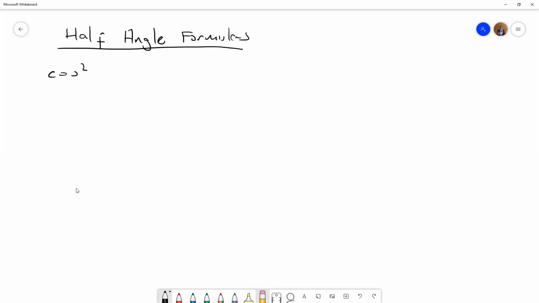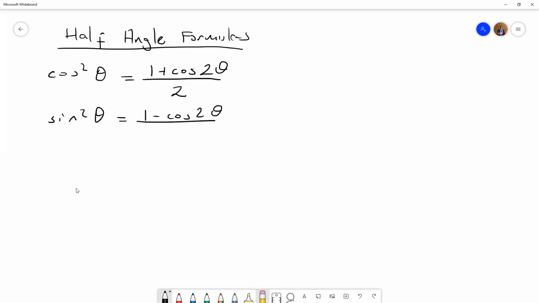Cosine squared theta is equal to 1 plus cosine 2 theta over 2, and sine square theta is equal to 1 minus cosine 2 theta over 2. And we also have the law of cosines.